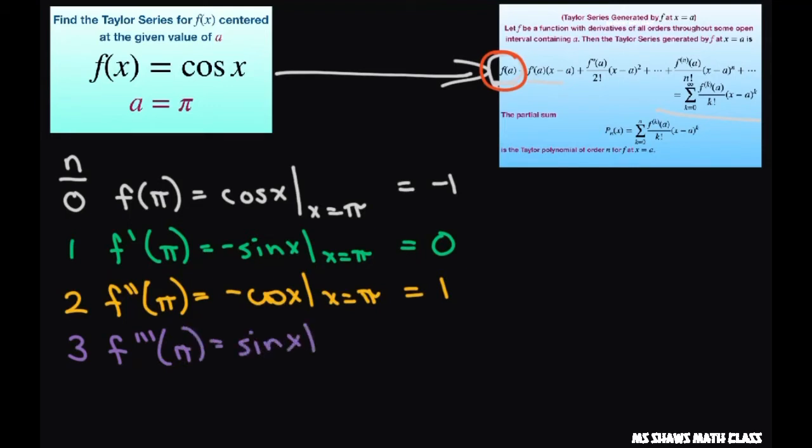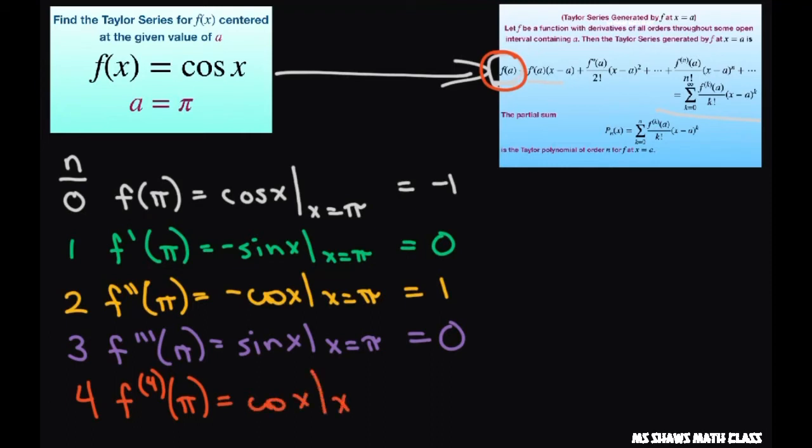We're evaluating this at x equals pi, and that equals 0. And let's go one more time to make sure we get back to -1. So at 4, we have the fourth derivative at pi, and that's going to be cosine of x. And you evaluate that at pi, that gives you -1.